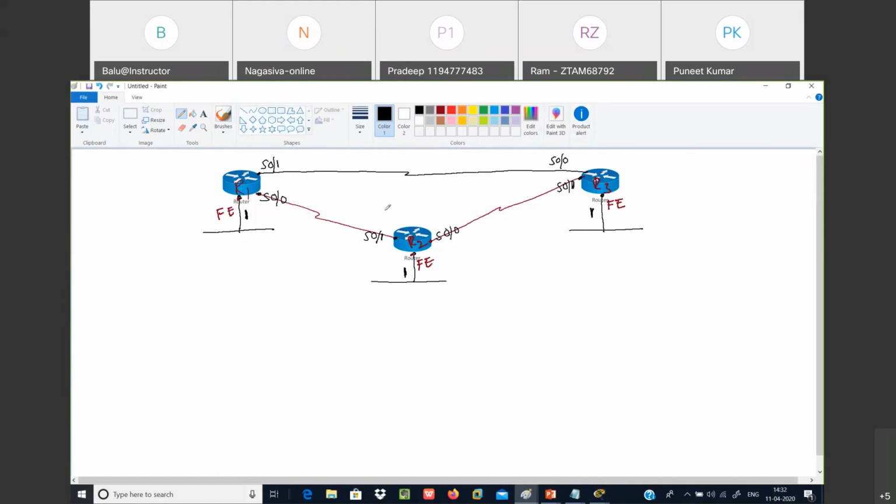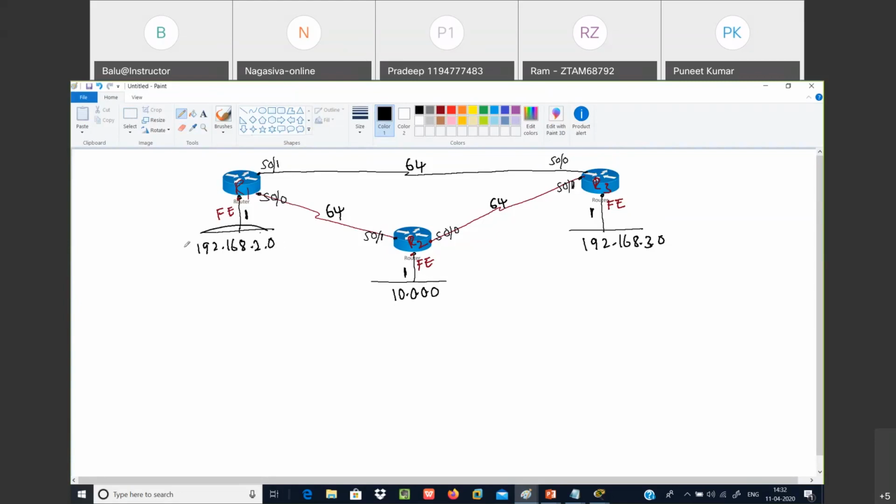Now the link between R1 and R2, the WAN serial link, what is the cost? 64. R2 to R3 is also 64. R1 to R3 is also 64. Perfect. Now, from R1 LAN users to reach the R2 LAN and the R3 LAN, which is the 192.168 network, the R1 LAN network is 192.168.2.0.